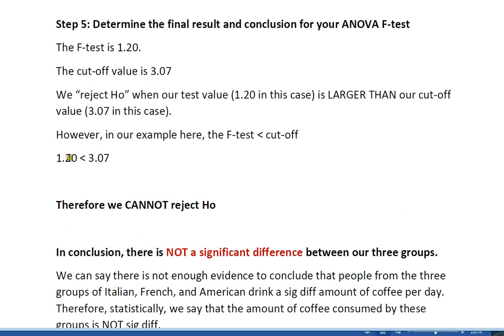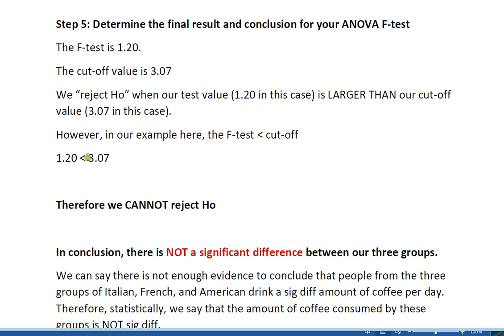So 1.2 is not bigger than 3.07. 3.07 is the cutoff for the rejection region. So if we were larger than 3.07, we would say that there is a significant difference between coffee consumption in our groups. However, our result is not bigger. It is not beyond our cutoff.